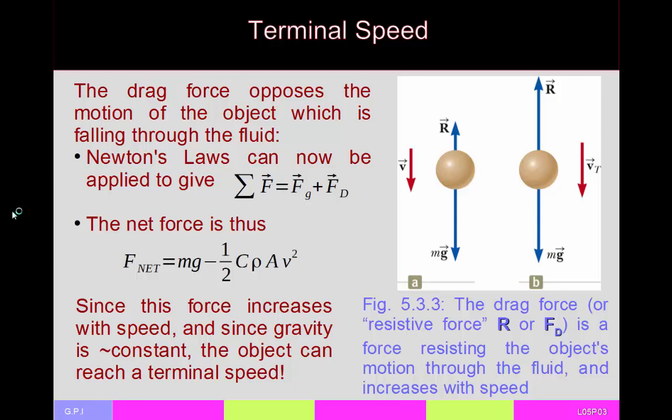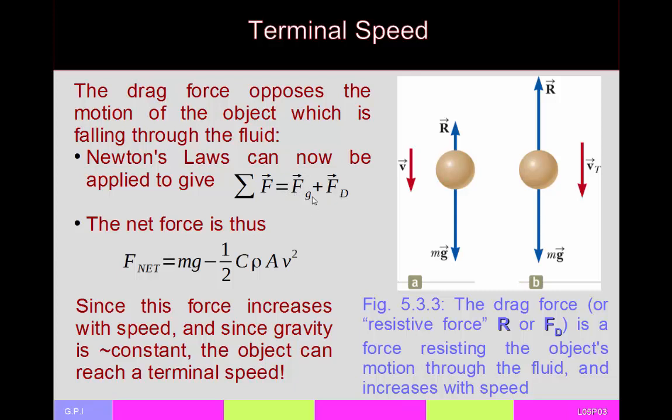And of course, the start to Newton's laws is to add all the forces that act on an object. So since the object is moving through a very low density fluid, we're going to ignore the buoyant force for now. The buoyant force actually can be treated as just a modification of the weight of the object, and it's going to be pretty negligible.